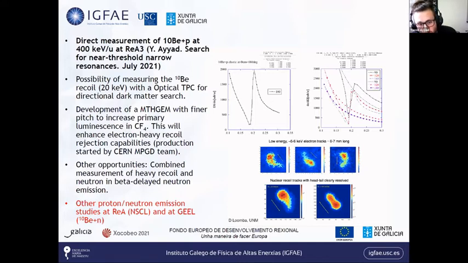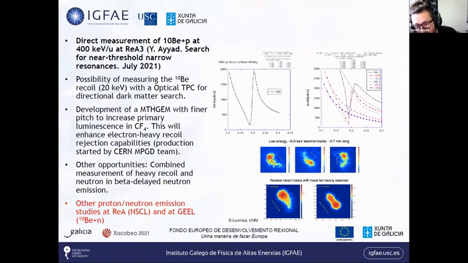We developed that very low energy beryllium-10 beam at SEL, RIA3, and we'll do a simple resonant elastic scattering at forward angle, where the resonance is expected to appear. We'll see if that's true or not, but this will complement the measurement, which is very much needed.